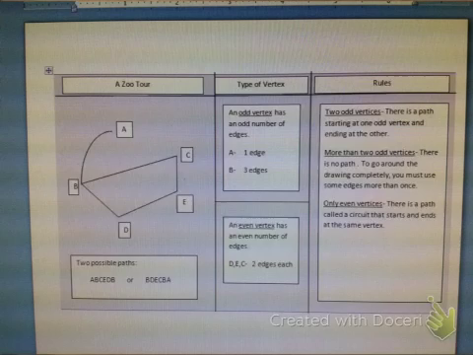So if A and B weren't odd vertices, then this rule would apply to this zoo tour diagram, and we would have a circuit, which starts and ends at the same vertex. These are just a few properties of finding paths in a vertex-edge graph.